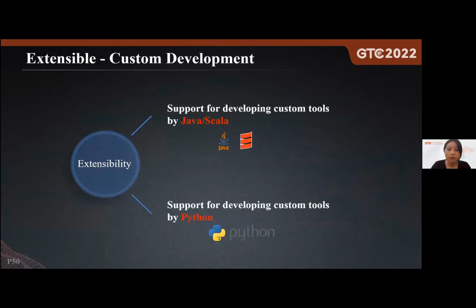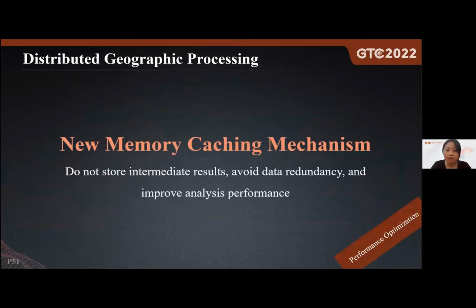We also optimize the processing performance through a memory caching mechanism based on distributed geographic processing. That is, we don't store intermediate results to avoid data redundancy, so as to greatly improve the analysis performance.